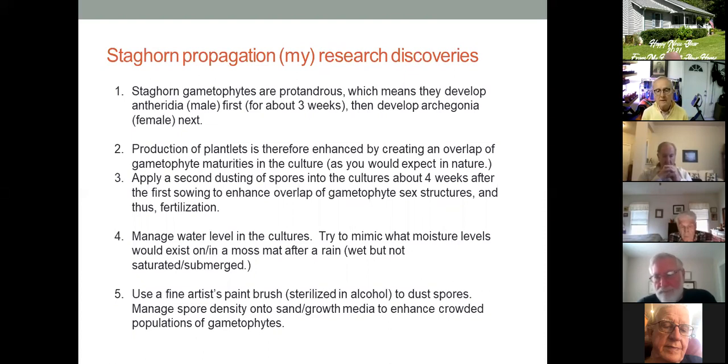But I would use boiled rainwater to make up your culture media, and certainly use very clean containers. Maybe run them through the microwave before you begin to assemble your fern culture. And then again, I used a fine artist brush, which I sterilized in alcohol, to dust the spores. And again, this keeps them from being too crowded in the culture.